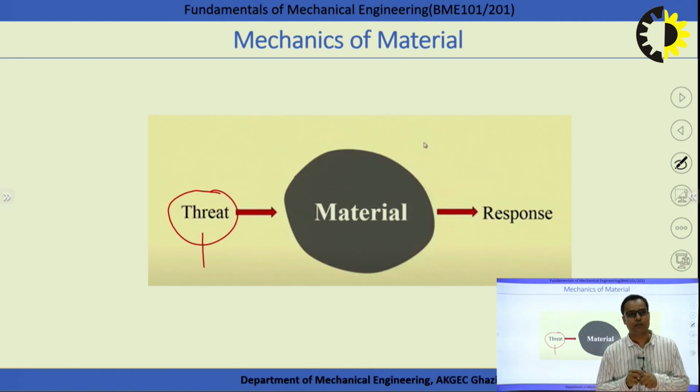For example, if we are designing an aircraft, generally the environment for the aircraft is nearly -40 to -50 degrees centigrade. So we have to select a material which is able to serve the purpose at -40 to -50 degrees centigrade temperature, while the material used for bridges does not face such an environment; it only has to sustain 25 to 40 degrees centigrade.